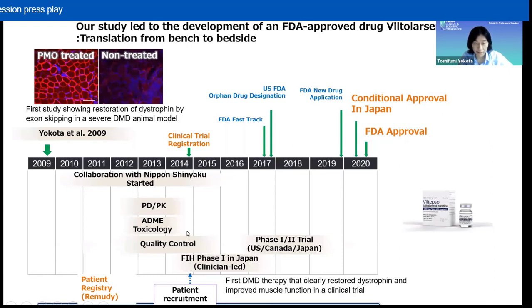After lots of preclinical work and clinical trials, it was approved by the FDA last year. So we are very excited about this. It took 10 years, but we got there. In particular, we are very excited by the approval of Butolarsen, and it's now available in several countries.